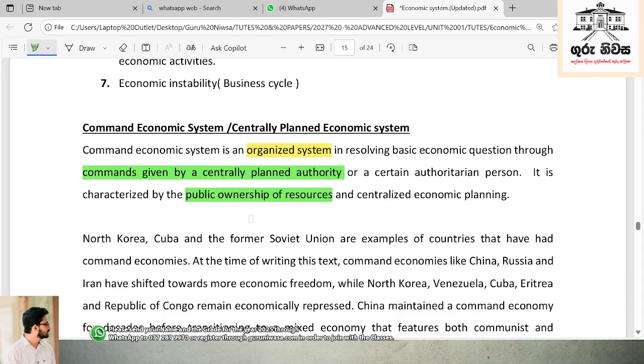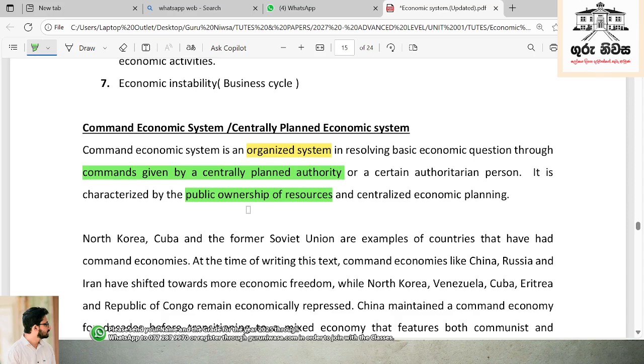Otherwise, how do they earn? Last day I told you, if you want to earn, you have to sell factors of production at a price which is determined by market demand and supply forces at the factor market. So in this economic system, labor is owned by individuals, not the government. All other factors of production belong to the government.